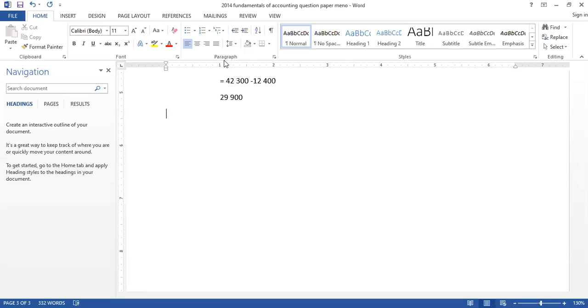So we said that non-profit making organizations don't have the same books or statements as trading businesses. They have, for example, an income and expenditure account, while trading businesses have an income statement.